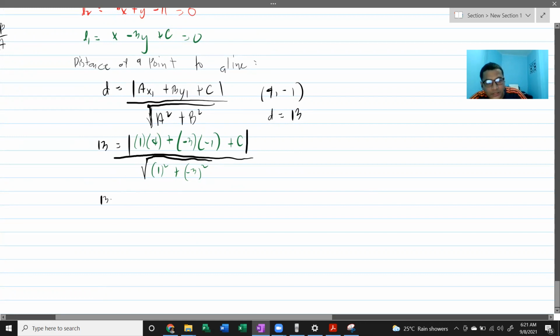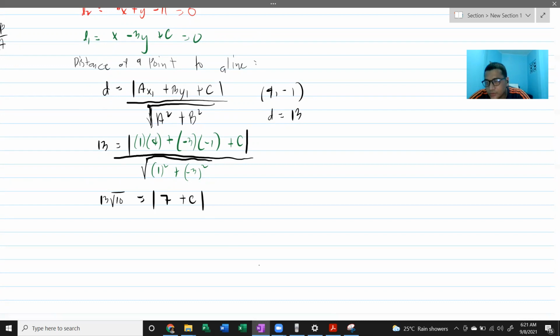So we have 13 square root of 10 is equal to the absolute value of 4 plus 3, sorry, plus 7 plus c. Yeah, okay. Now, to eliminate the absolute value, what we can do is simply to get the plus and minus sign of the other side, so in this case, the left side.